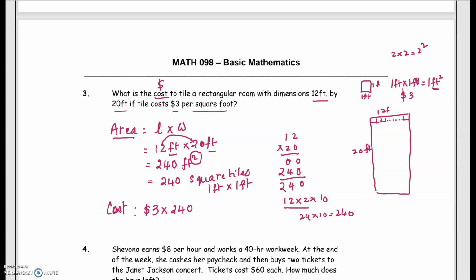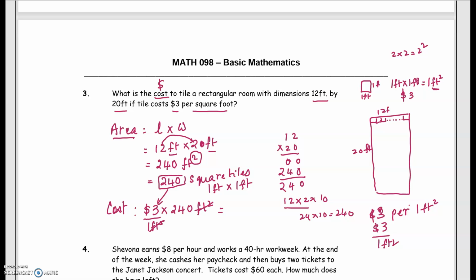So it's $3 per 1 square foot, which is divided by 1 foot squared, times 240 feet squared. So we cancel the common factor and we have to multiply 3 with 240. It's just another way of saying there are 240 tiles. Each tile costs $3, and that's where the multiplication comes in.